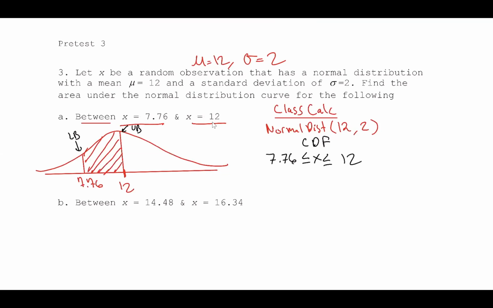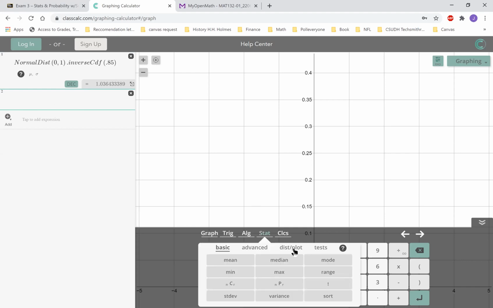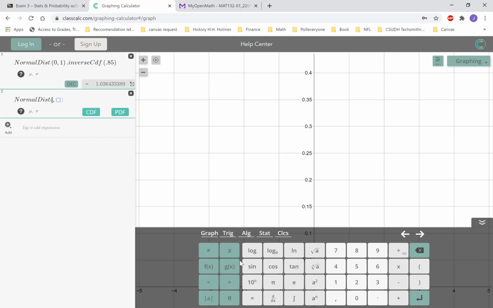Everybody good so far on how I set up A? Yeah. All right, so let's go ahead and do this in the calculator. So in the calculator, we'll go to stats, we'll go to distribution, we'll go to normal distribution. So we'll say mu is equal to 12, sigma is equal to 2, and then you want to hit CDF.